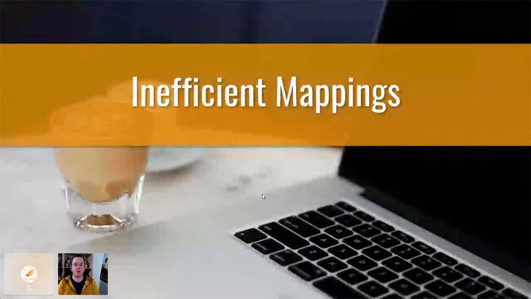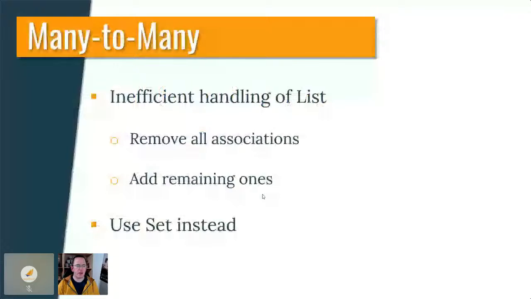Okay, let's go and take a look at inefficient mappings. The most common inefficient mapping that I find in all the code reviews and coaching projects that I do are lists that are used to model a many-to-many association.